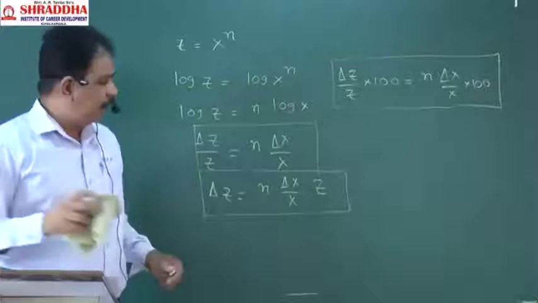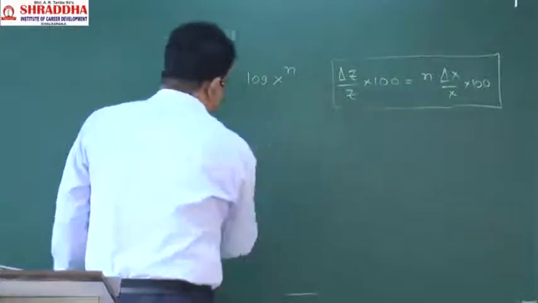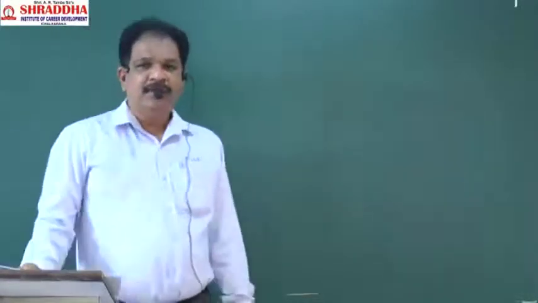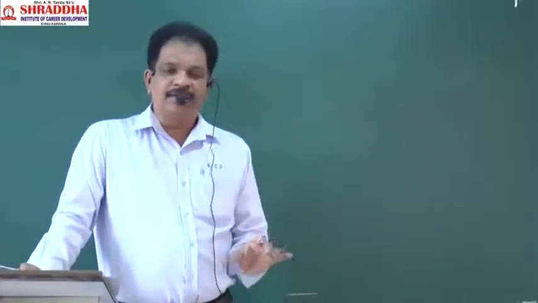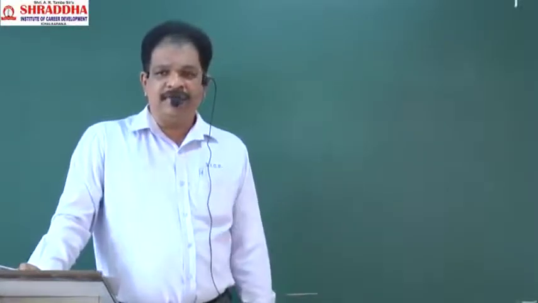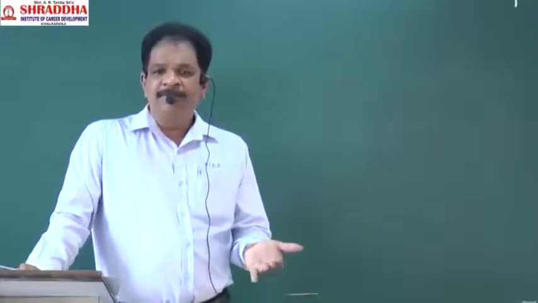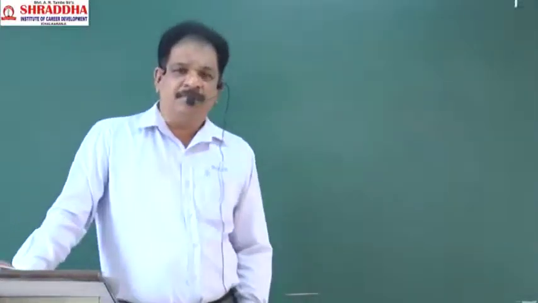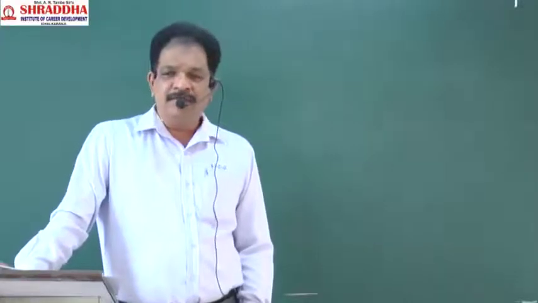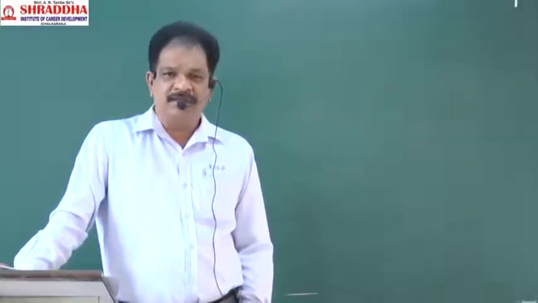Next, that is about errors. After finishing this, let us see what significant figures are and what the rules are to identify the significant figures. Clear? In the examination, they will give a number and ask how many significant figures are there in it.